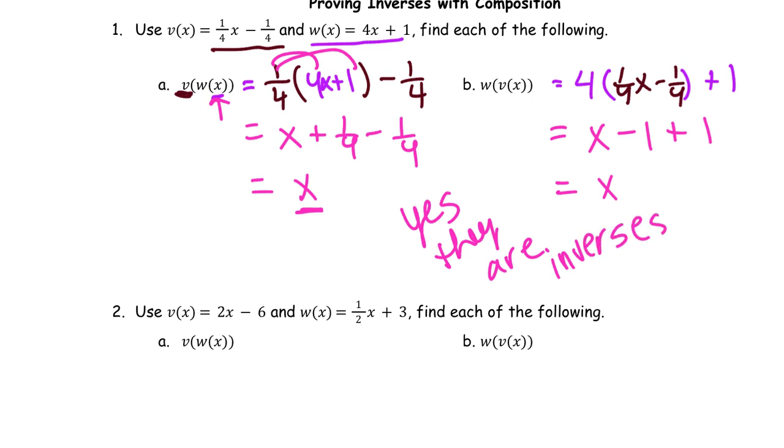If they're not inverses, you'll find they'll simplify, but they won't simplify to whatever was in the parentheses. Do you remember how we had the parent line was the symmetry? So we're getting to what? Y equals X? The parent line is the symmetry.